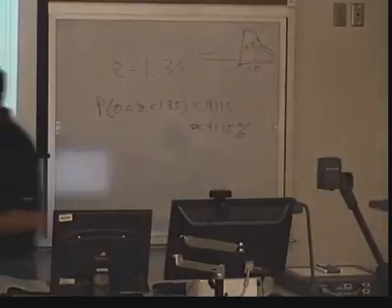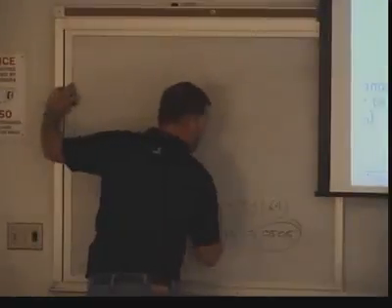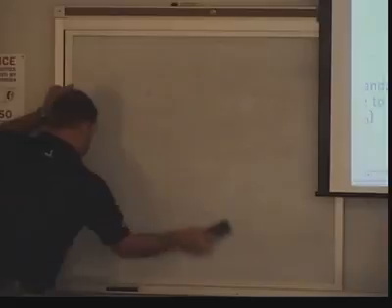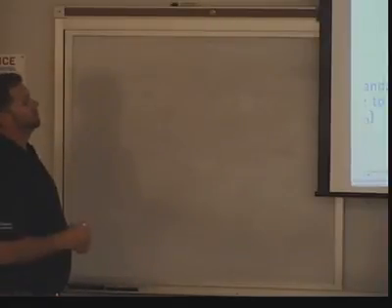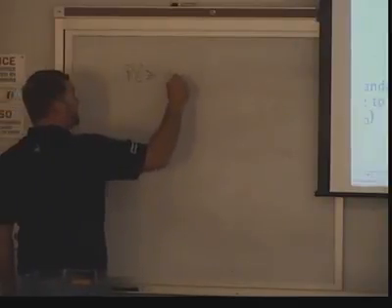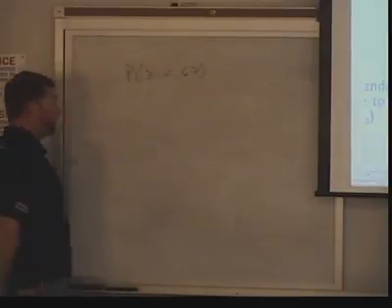So let's draw that picture. Okay. So the probability that z is less than 0.67.